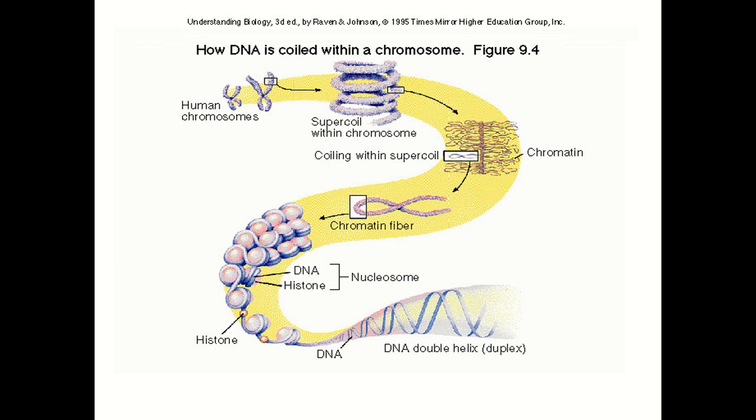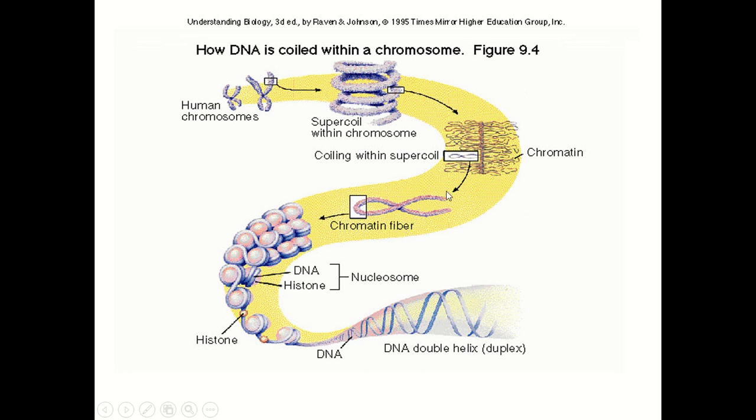Chromatin actually comes from the DNA, as it contains DNA. As you can see here, the double helix of the DNA will wrap around the protein histones. Once wrapped, the protein histone unit is known as the nucleosome, and the stack of nucleosomes here is known as the chromatin fiber.